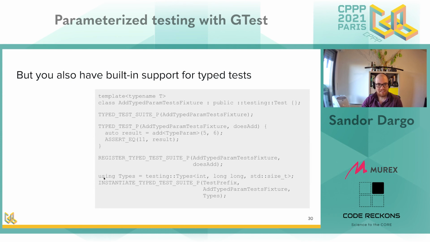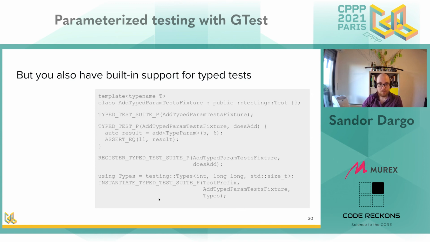So then we have to create this alias for types where we pass in an integer, long, size t, whatever types you want to test, and then you call the instantiation of the type test suite. And we must do this aliasing outside, because otherwise the macro cannot deal with these commas within testing types. So that's how you can do this.